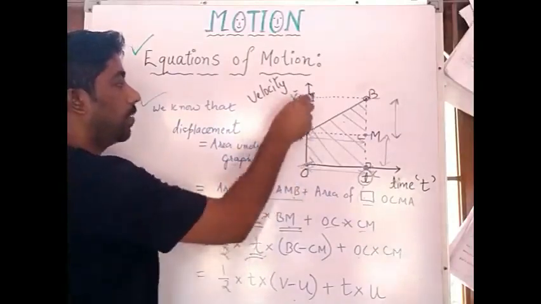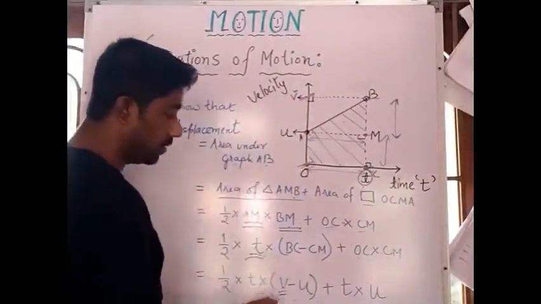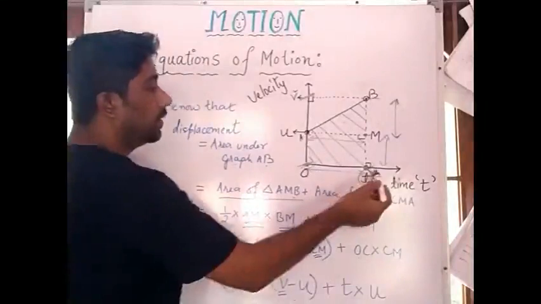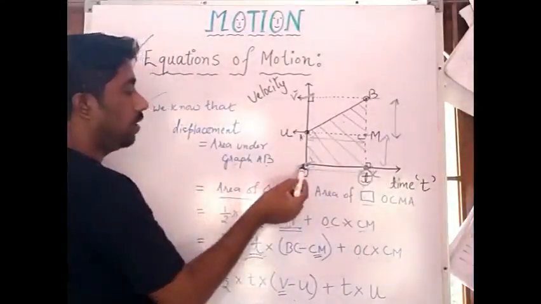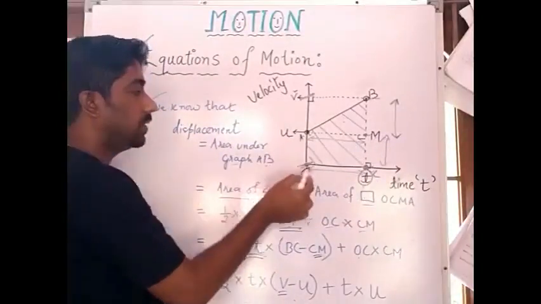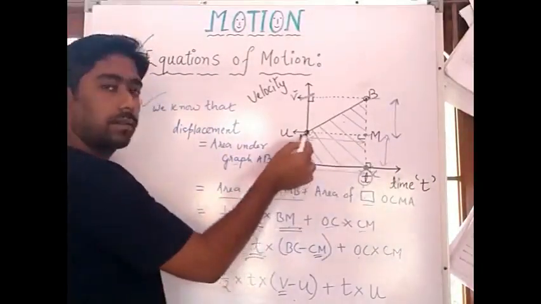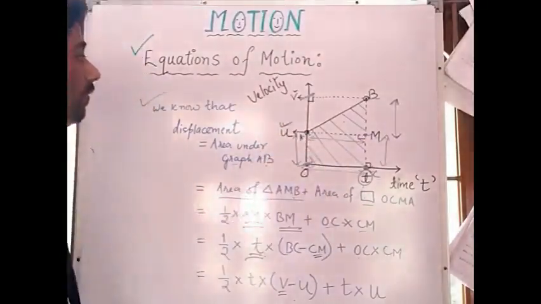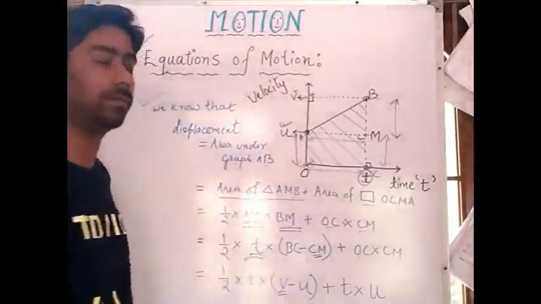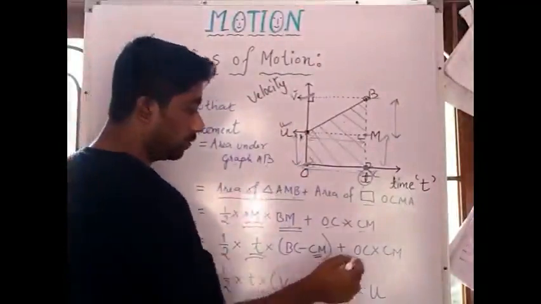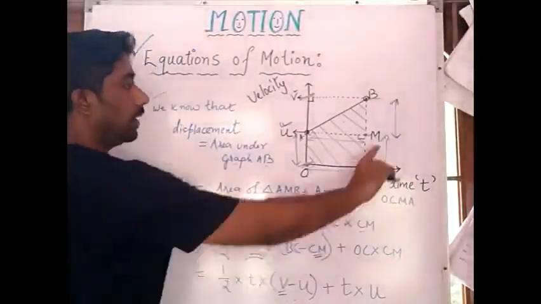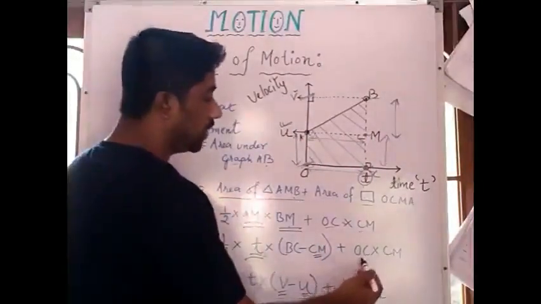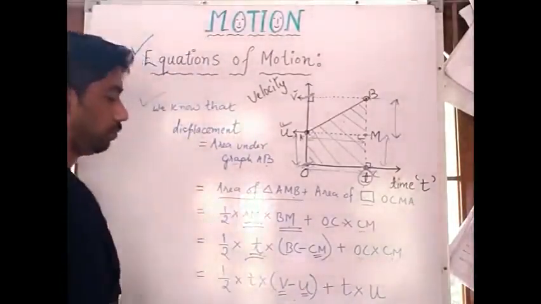From here to here, the magnitude of velocity is V. And for CM, C to M is equivalent to saying O to A, which is the value of velocity on the y-axis, U. From O to A it is U. So we write CM is equal to OA, and directly we write U. And this side OC is equal to T and CM is equal to U. So we put these values here.